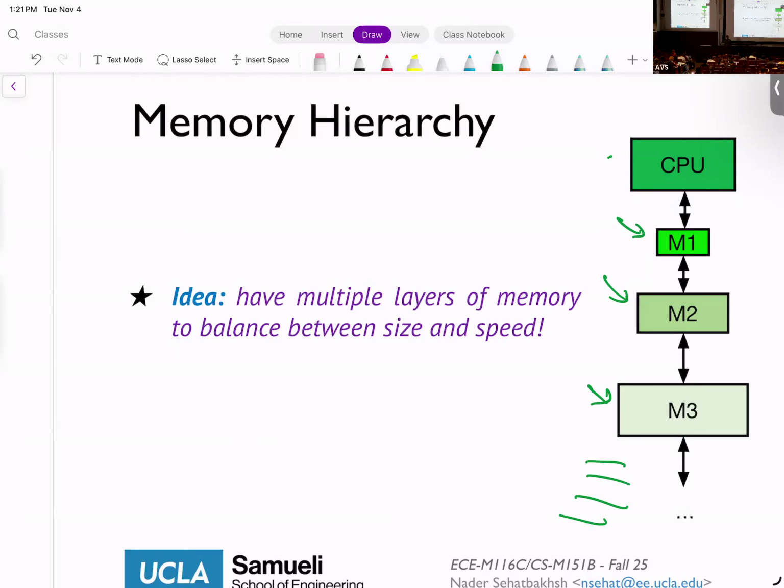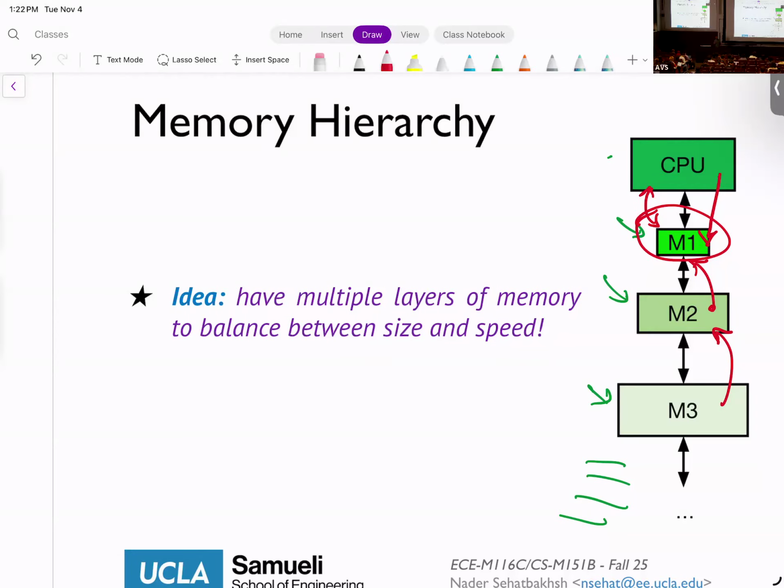And you try to do this trick that if the majority of the time I talk to this memory, and somehow I can efficiently move data back and forth between these layers such that most of the time I have the data in this layer 1 memory, then I'm going to have the best of both worlds, right? So I have the illusion that I have a memory that is large and a memory that is fast.